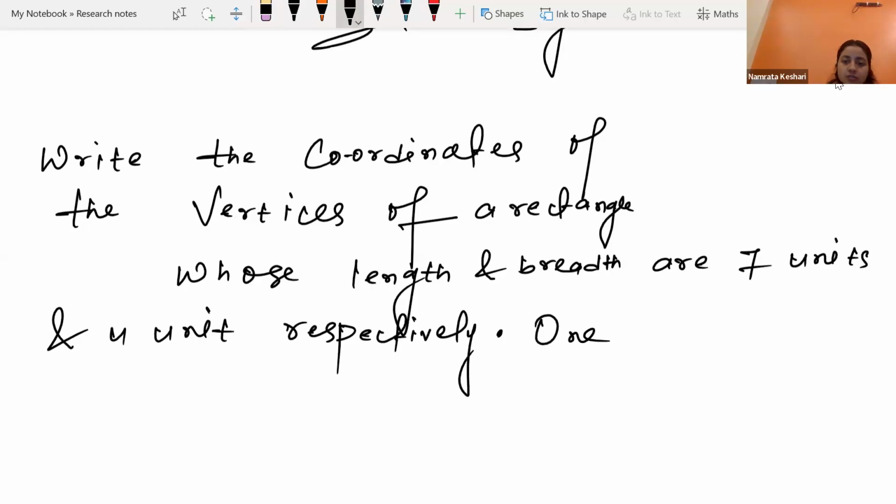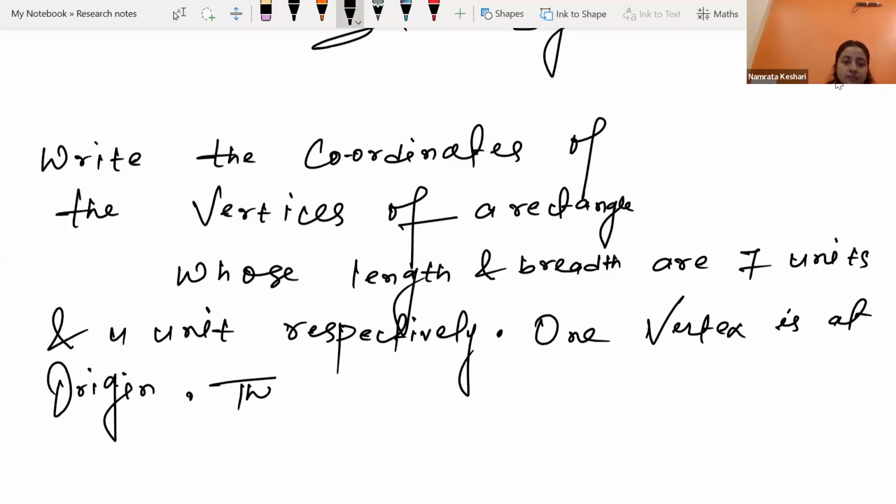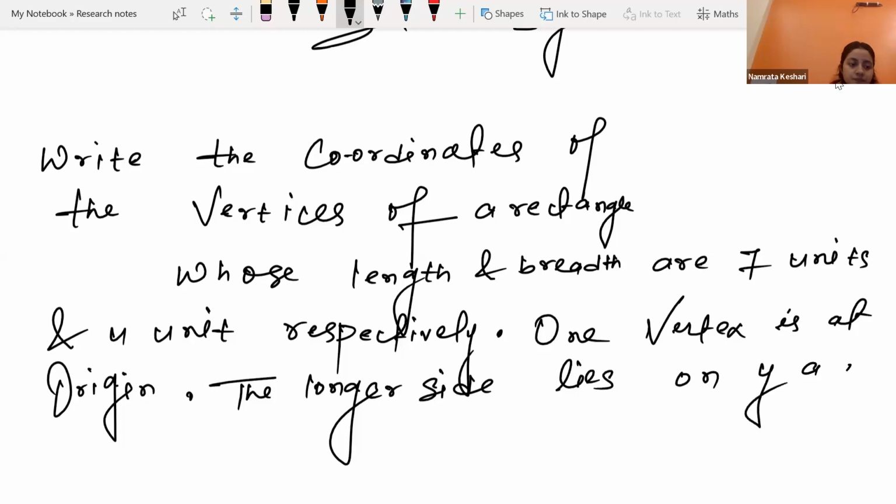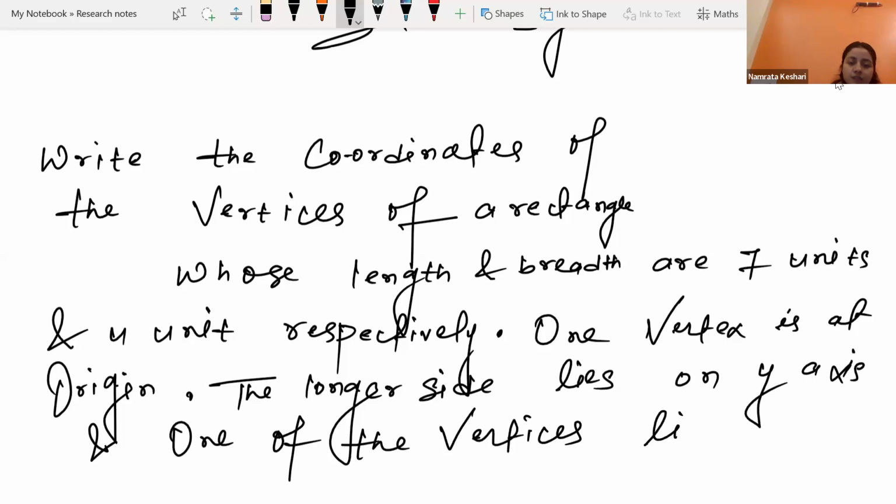One vertex is at the origin. The longer side lies on the y-axis and one of the vertices lies in the second quadrant. Find the area of the rectangle.